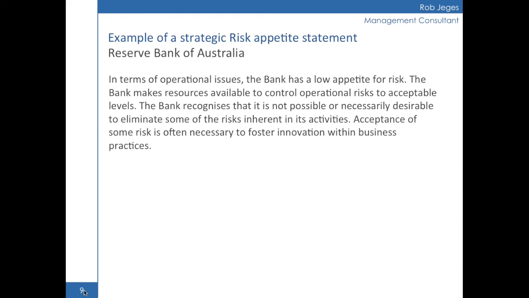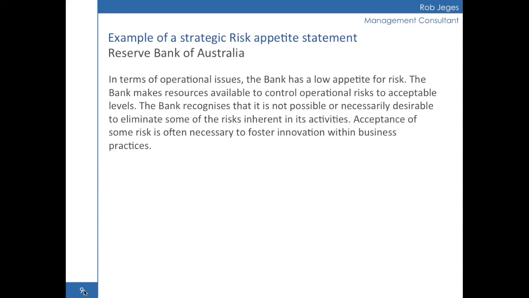The risk appetite statement from the Reserve Bank of Australia talks at a high level. And what's interesting here, if I can just quickly read, in terms of operational issues, the bank has a low appetite for risk, so that is a qualification. And the bank makes resources available to control operational risks to acceptable levels. What is an acceptable level? We understand, but there's no measure there.